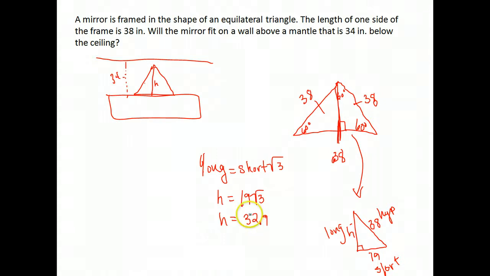Okay, now the question was, is this going to fit on the mantle? So if the height of this triangle is 32.9, is it small enough that it doesn't hit the ceiling? Yes, because 32.9 is smaller than 34, so it's going to fit with a little bit spare on the top. So yes, this will fit on the mantle. Had it been larger than 34, it would not have.